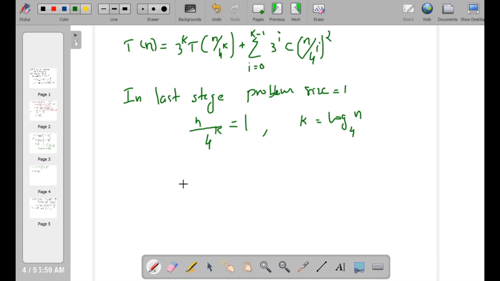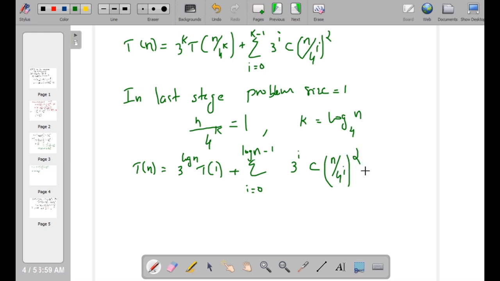So our equation will become T of n will be 3 raised to k, where k is log n to the base 4, T1 plus sigma i equal to 0 to k, where k is log n to the base 4 minus 1, 3 raised to i c n by 4 raised to i the whole square.